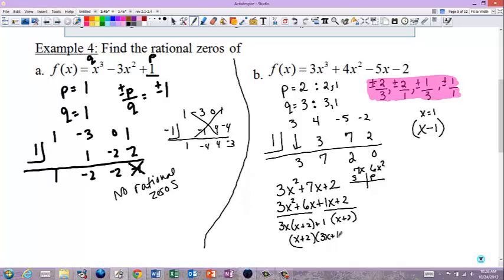So my factors are x minus 1 times x plus 2 times 3x plus 1 equals 0. So my answers are 1, negative 2, and negative 1/3. There's my answer. Okay.